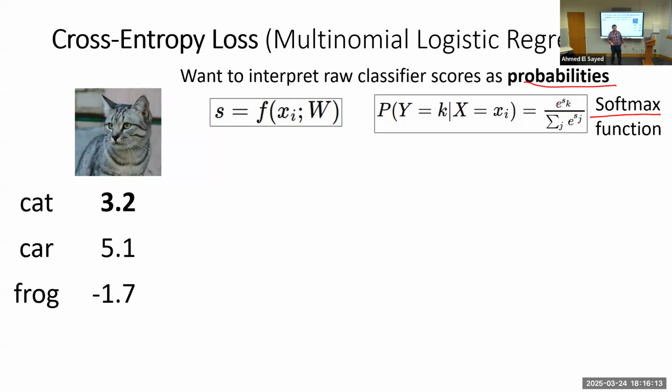The exponential function is always positive. It can't be negative by any chance. Okay? So E power this will be positive. Even E power the negative will be positive. So this way I will guarantee that the scores will all be positive.